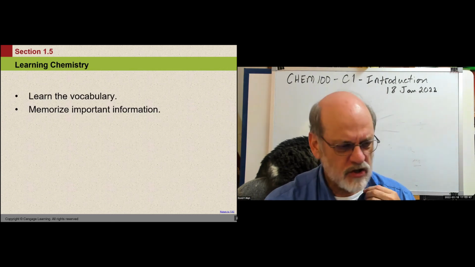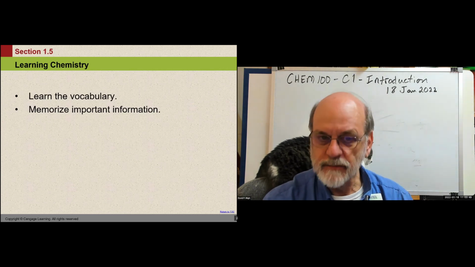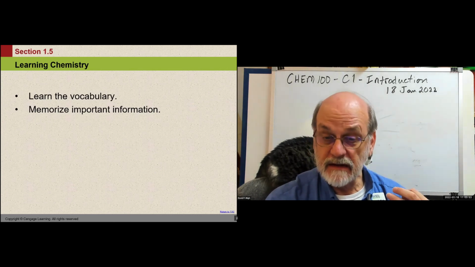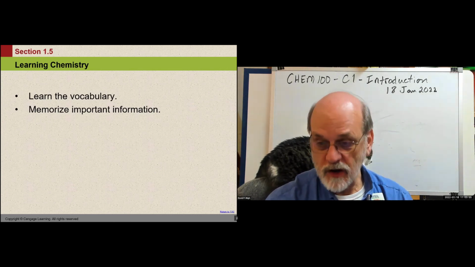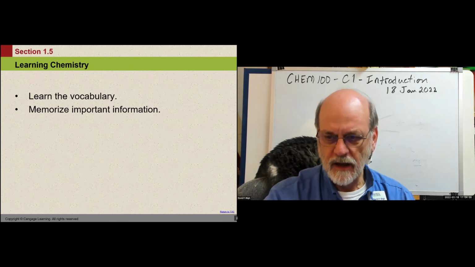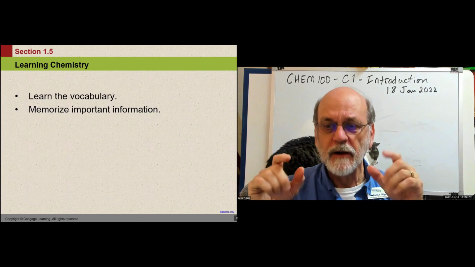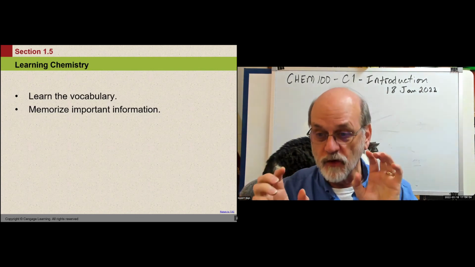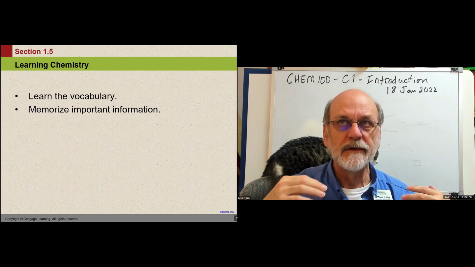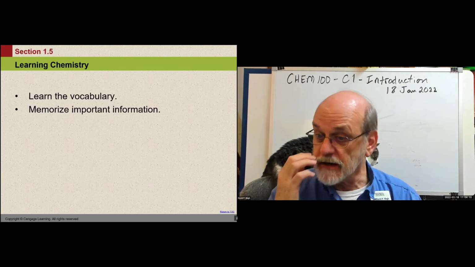Some things you just have to memorize. Like the symbols for the elements, you must memorize. And we'll talk about that when the time comes, and I'll show you which ones I want you to memorize. I've got a periodic chart that's identified for the ones I want you to memorize. You don't have to memorize all of them, right? There are 118 elements in the periodic table.